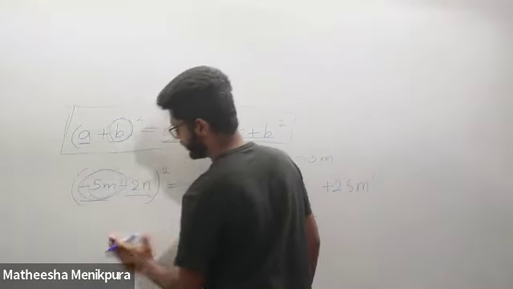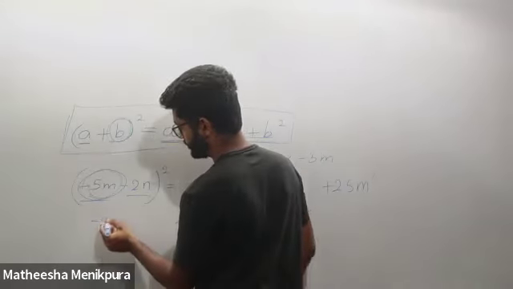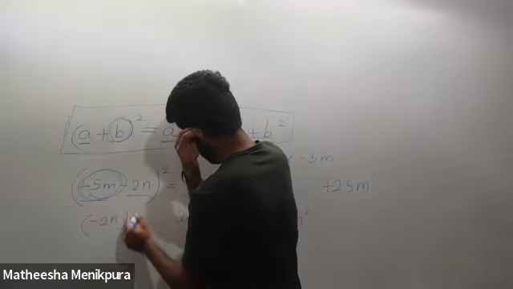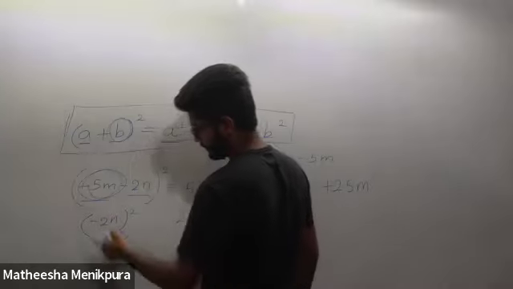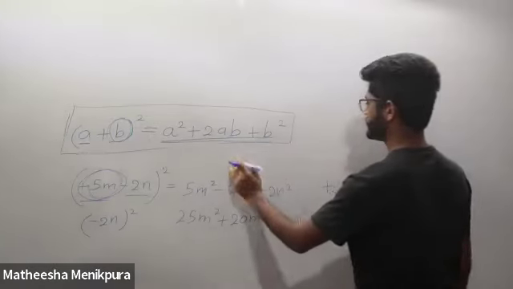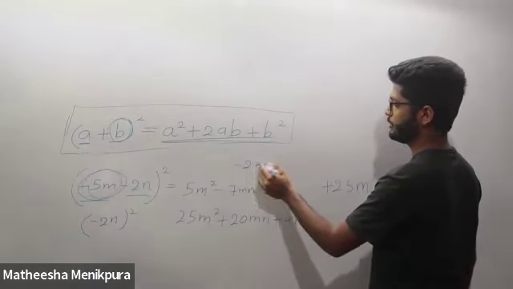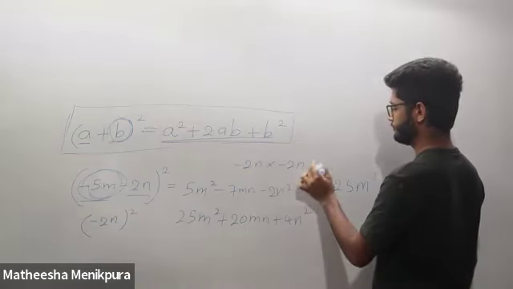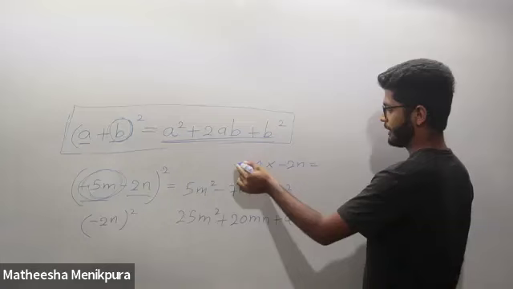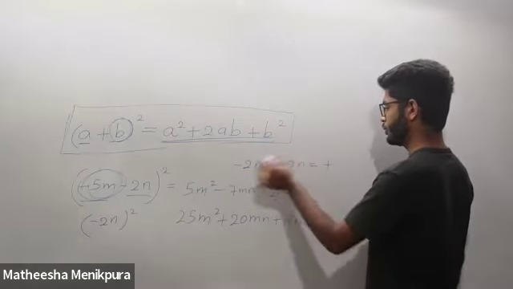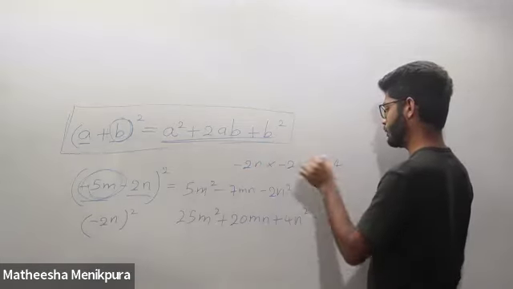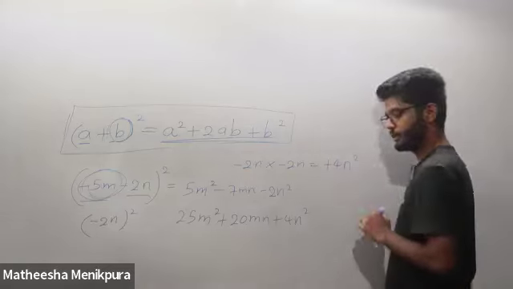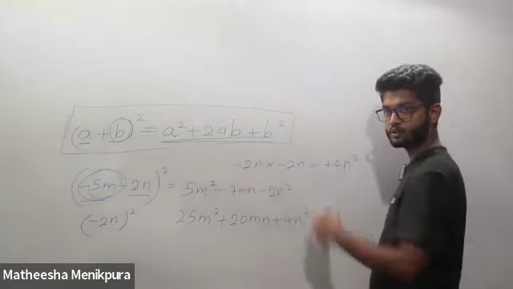Then take the square of the last term. Last term is minus 2n, square of that. Minus 2n squared means minus 2n multiplied by minus 2n. Minus into minus is plus, 2 into 2 is 4, n into n is n squared.